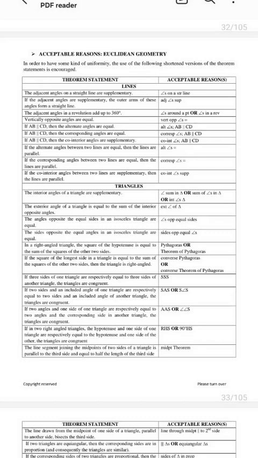These are the reasons you can use whenever you're using the statement that says the interior angles of a triangle are supplementary. That's statement 1. Statement 2 underneath triangle says the exterior angle of a triangle.